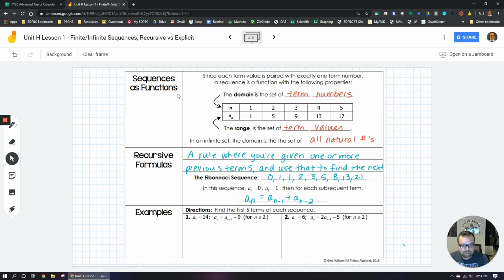If n is 3 because you're looking for the third term, then you're going to take the a sub n minus 1 term, which would be 3 minus 1, which is 2. So that would be the second term, plus the one before that, the first term. We were already told that the first and second terms were 0 and 1, so just add 0 and 1 and you get the third term in the sequence. That rule can be applied over and over again to find the rest of the numbers in the Fibonacci sequence. Let's do an example of some more recursive formulas.